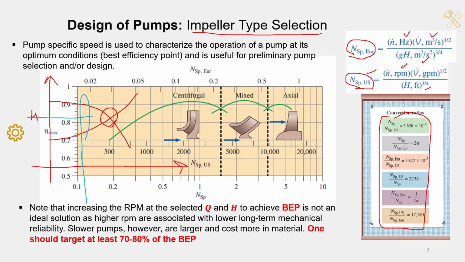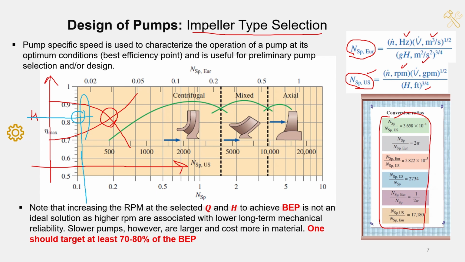It doesn't matter, but we know that the best efficiency point of this particular pump is located here. If you say, okay, I want to increase the RPM and get the same flow rate, just to become closer to the best efficiency point, this will not happen.